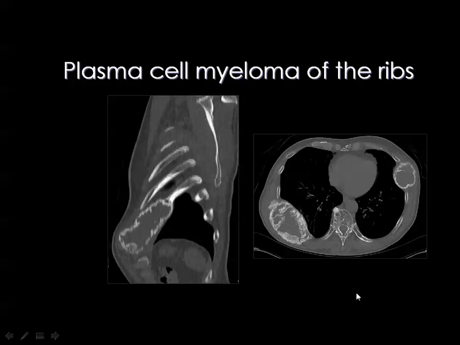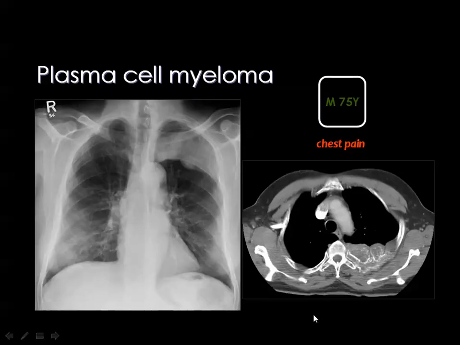And whenever you have the CT scan, you can realize the appearance of the lesion, and you can see the matrix of the lesion itself, and you can appreciate the degree of cortical breaching, and sometimes you can also appreciate the extraosseous soft tissue component.